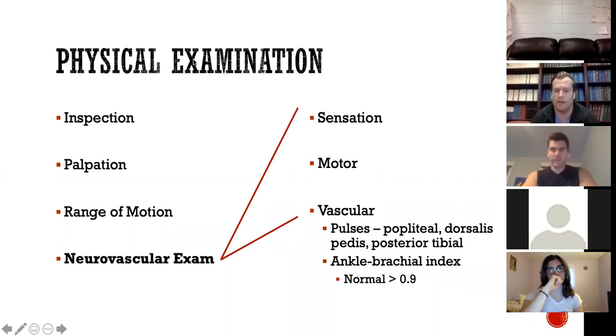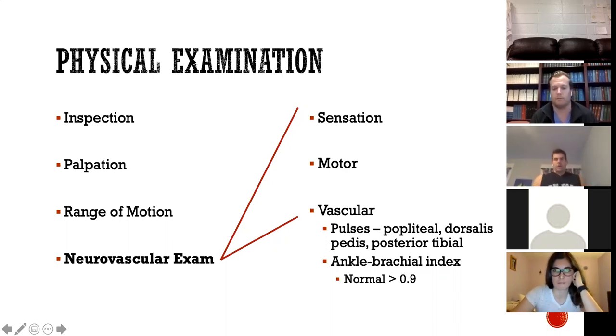If it's less than 0.9, that implies that there's some type of resistance, likely from an arterial injury, that is causing a decrease in blood pressure distally in the extremity, and that requires further investigation. This is particularly important in ligamentous knee injuries because these are common, particularly multi-ligamentous knee injuries. It's common to have a vascular injury that is associated with the knee dislocation.